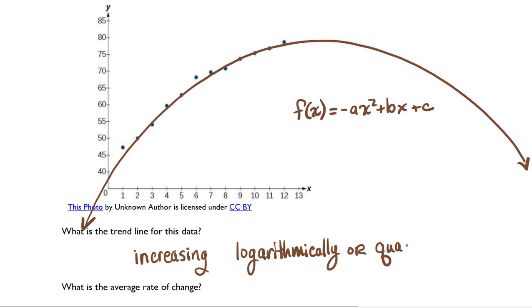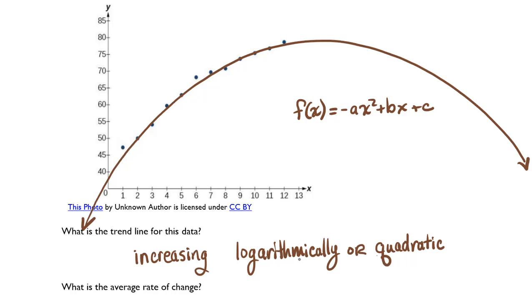And I don't even think that's a real word, but quadratically, I'm going to say it anyway. Don't quote me on that, but you understand the point I'm making by coining that word.